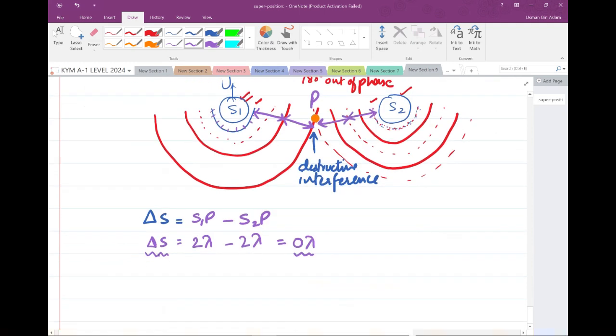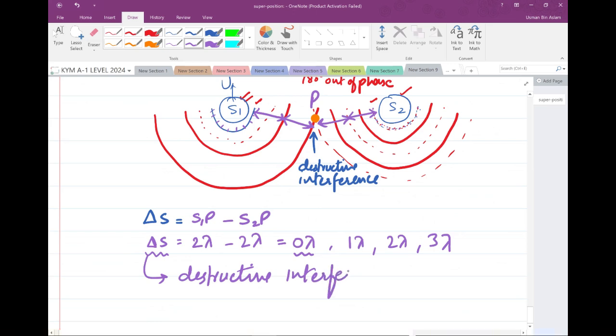So in such a case, if the path difference is equal to 0 lambda or 1 lambda or 2 lambda or 3 lambda, the path difference is going to show us destructive interference. So if the sources are in phase, the integer multiple of wavelength shows constructive interference. But if the sources are 180 degrees out of phase, it shows us destructive interference.